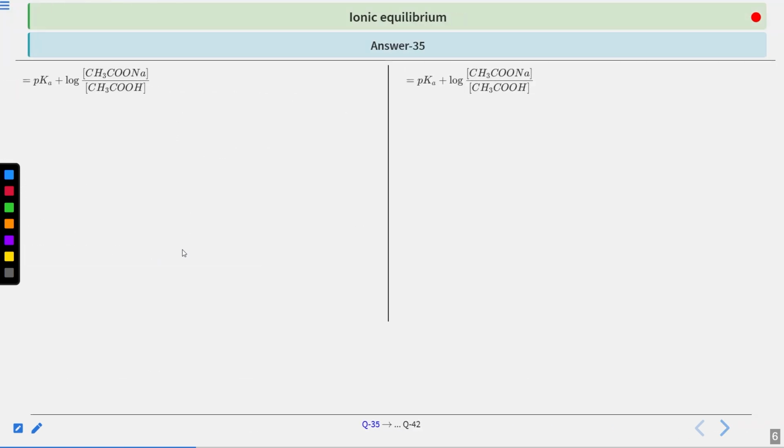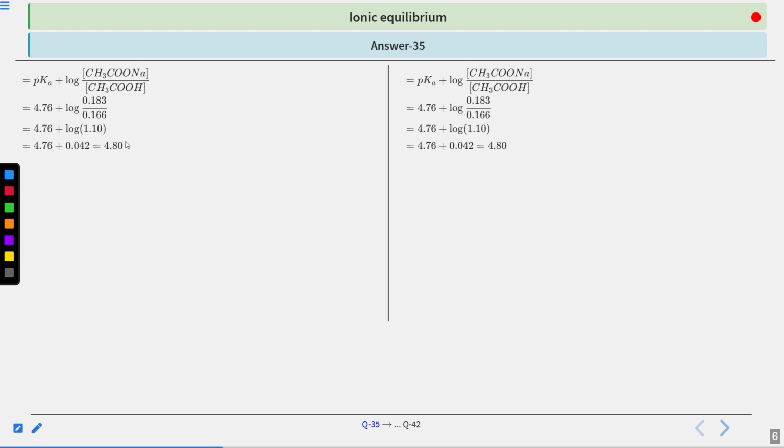Now to calculate pH, we will simply use this formula: pH is equal to pKa plus log of salt by acid. Here salt is your sodium acetate and acid is your acetic acid. Putting in the values, 4.76, 0.183 and 0.166, which we have calculated, your calculation will give 4.76 plus log 1.10.